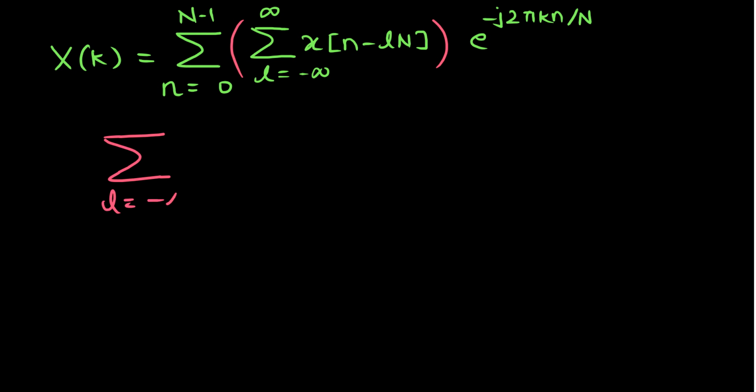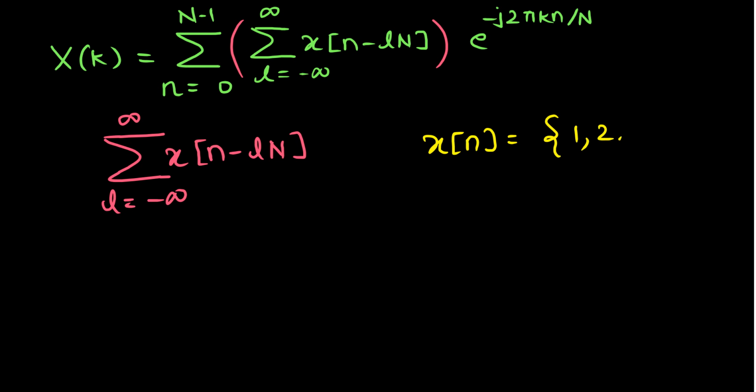So it is L running from minus infinity to infinity, x of n minus ln. So for that, let us take a simple example. Let's say the x of n value is given by a sequence, say 1, 2, 3, where this 1 is located at n equal to 0.